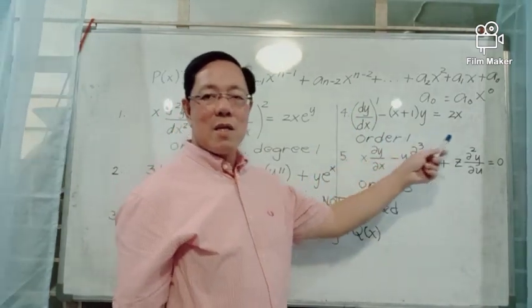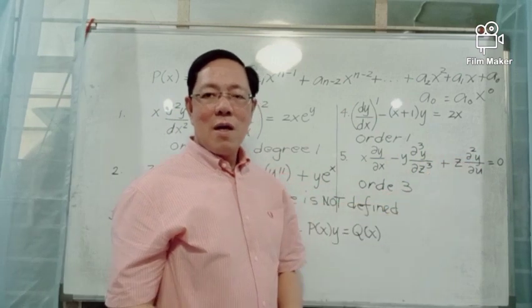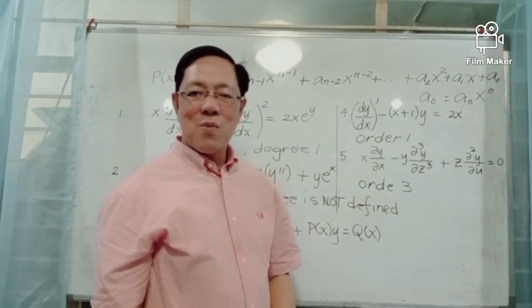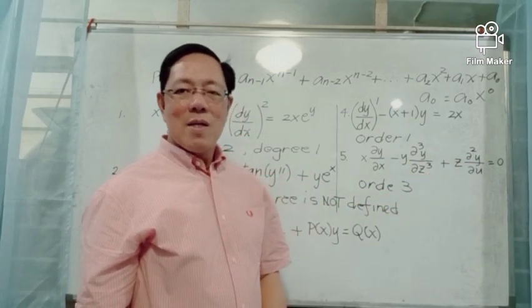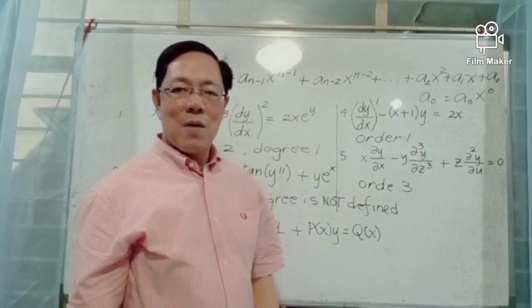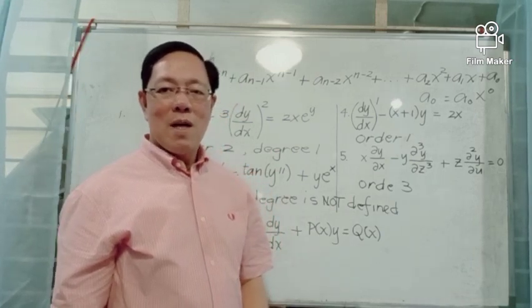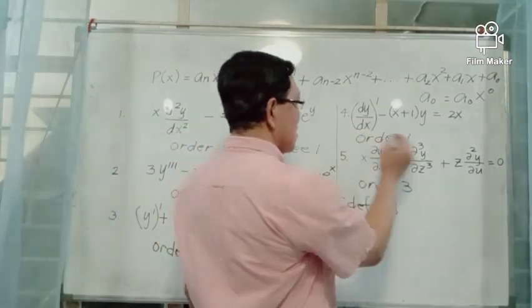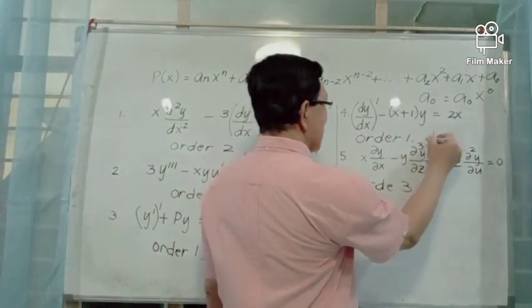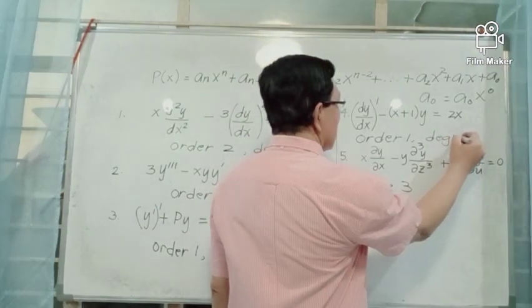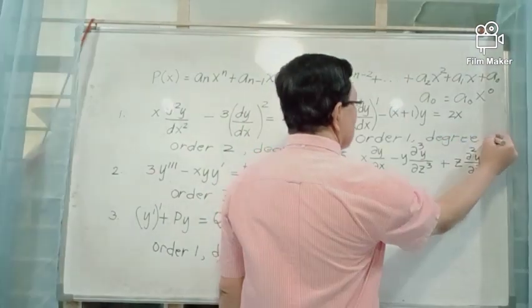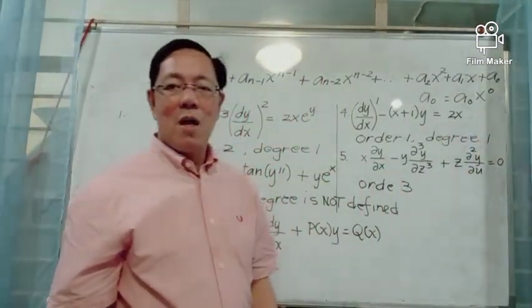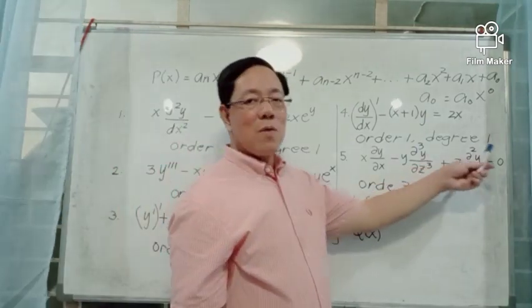And in a linear differential equation, the highest derivative that you will see is the first derivative, or derivative of order 1. So this example 4 is a first order differential equation of degree 1.